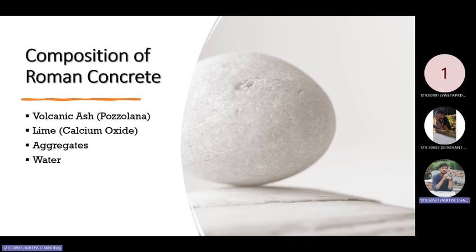The second one is lime, which is usually derived from limestone, another essential component. The third one is the aggregate. Various types of aggregate were used in this concrete, including crushed stones, sand, etc. Now, water is the basic requirement for concrete.